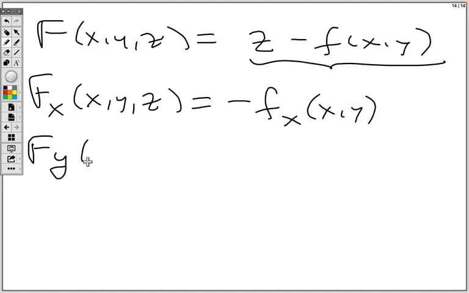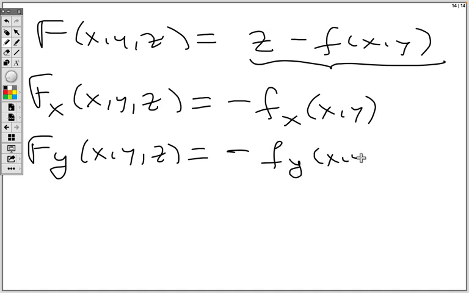So likewise, what would we get if we took the partial derivative of capital F with respect to y? So once again, in this formulation, we're assuming x, y, and z are all independent. So if I take the derivative with respect to y, very good. The z would drop out. I get a minus fy of xy.